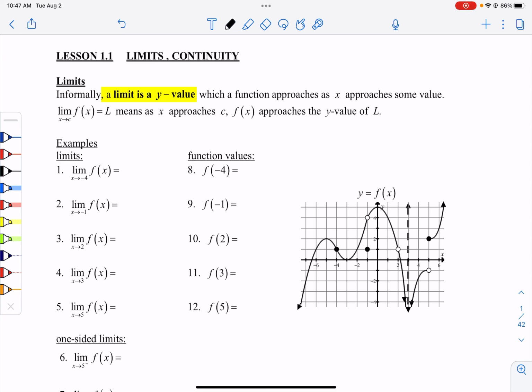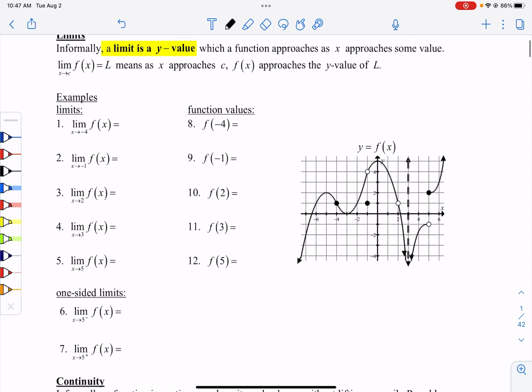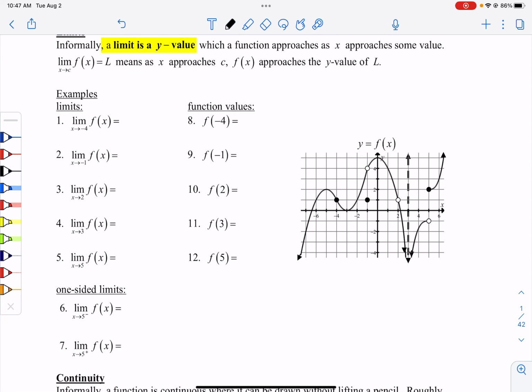So for example, let's go through some of these. Number one, now all of these examples right here are using our f of x function over here on the right, okay? So this first example says my limit as x approaches -4 of f of x. So I'm approaching -4, which is right here. So as I'm approaching -4, what is happening to my y value?